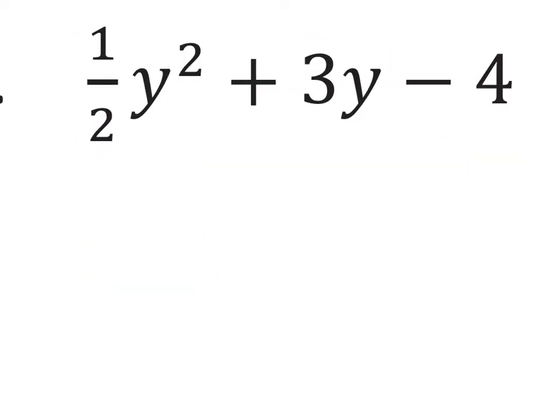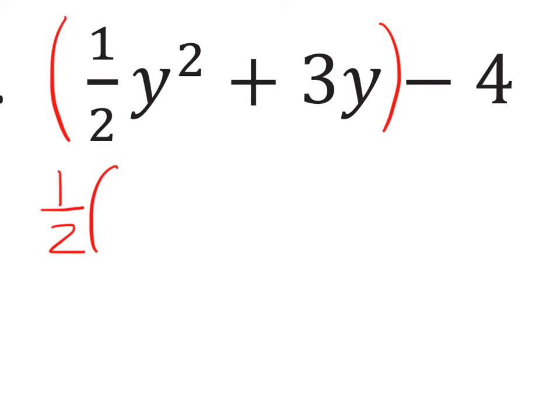You still follow the exact same steps. You group these two together, and then you want to move the half outside of the parentheses. What is 1/2 y squared divided by 1/2? If you don't know, type it in your calculator. It's 1.